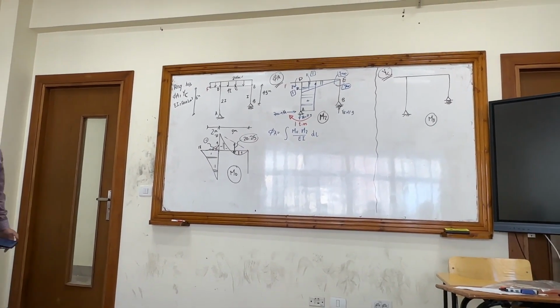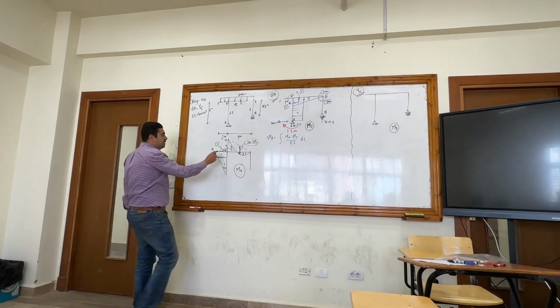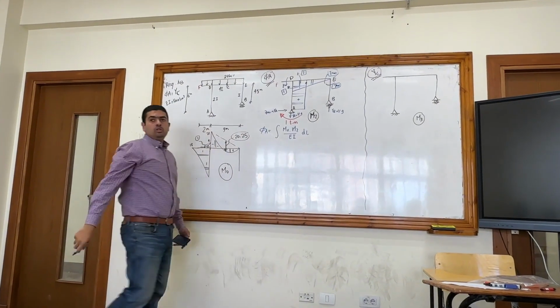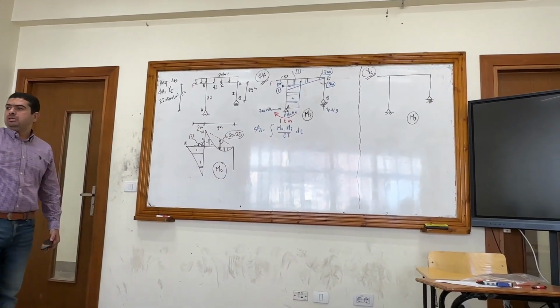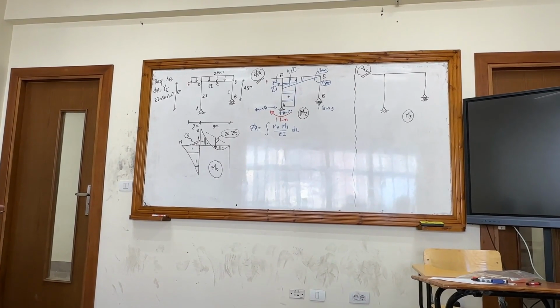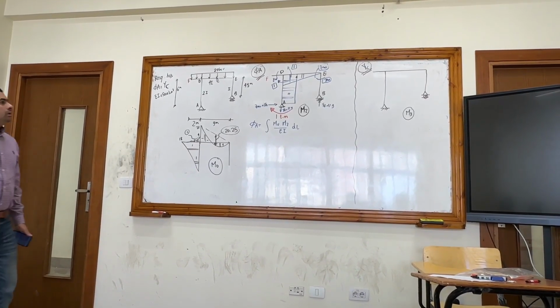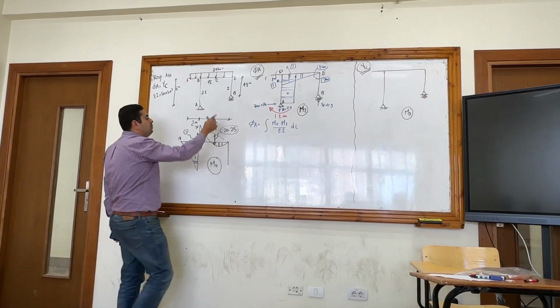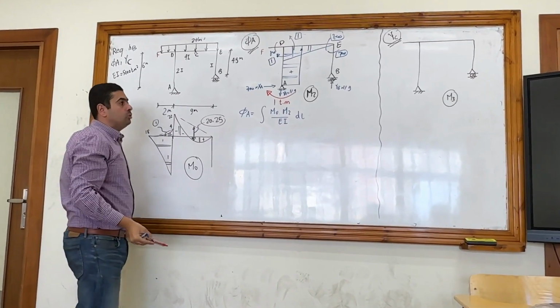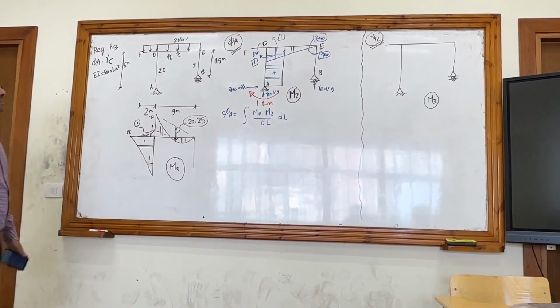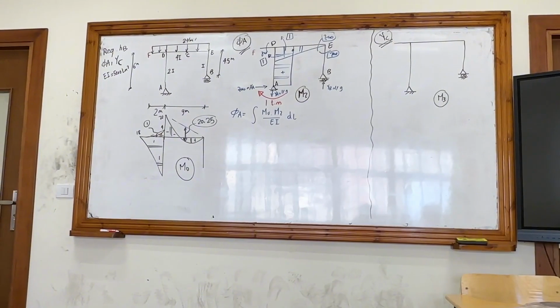For the member DF, there is a moment here in M node, but no moment here in M2. So DF is out, it's excluded. What other members will be excluded? EB. EB, no moment here at M node, and also no moment at M2. So EB is excluded.